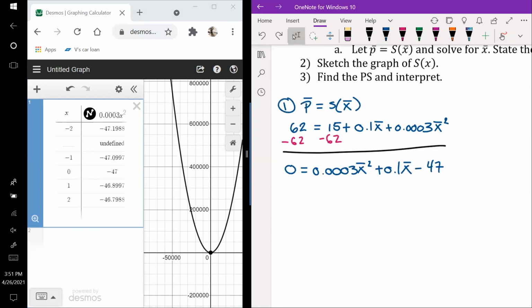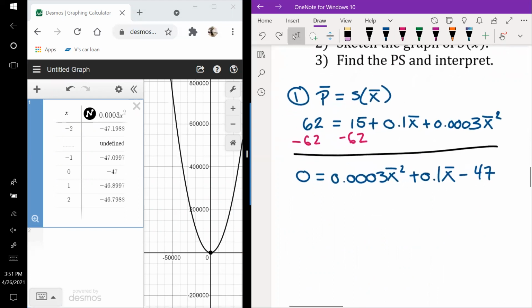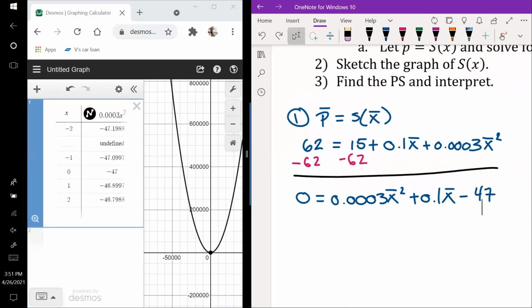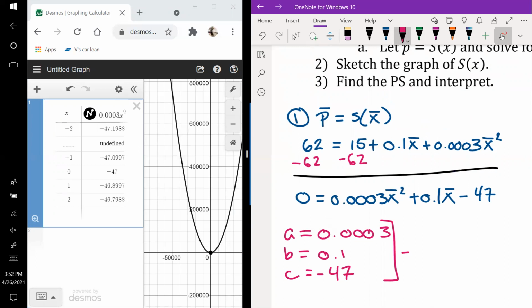Okay, here we go. So for our quadratic formula, label everything A, B, C. So A is 0.0003, B is 0.1, and C is -47. So now we put this into the quadratic formula.